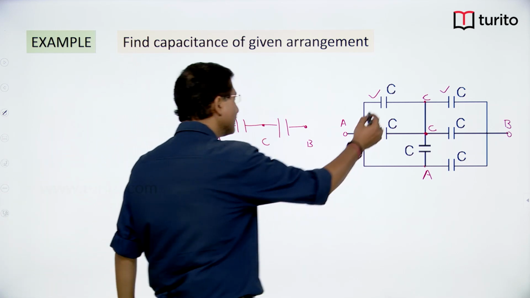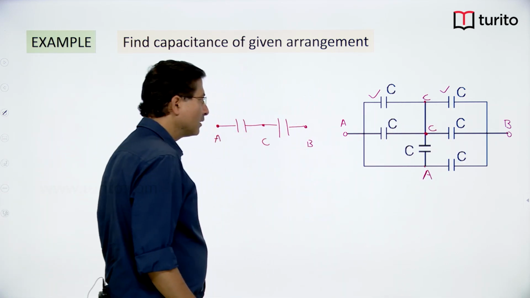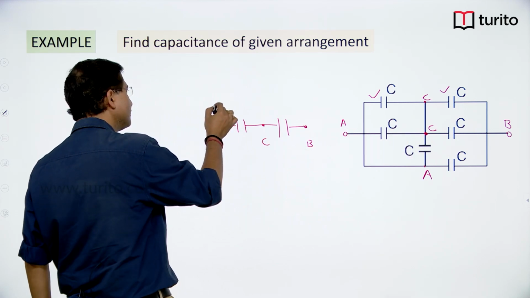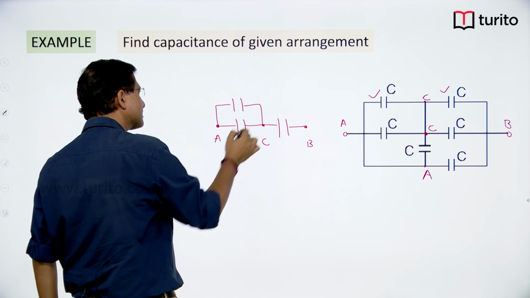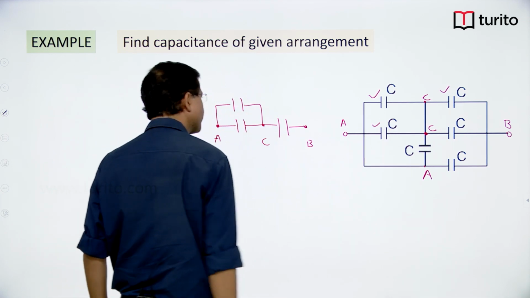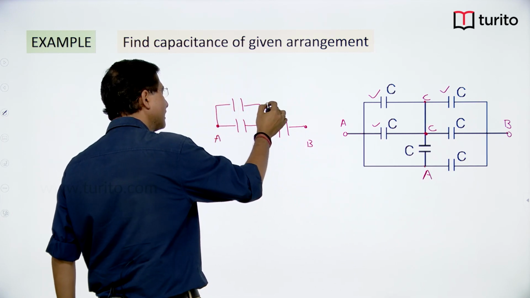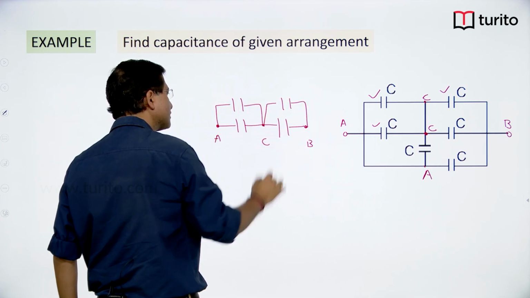So these two are over, now these two. Again between A and C I can see this capacitor, and between C and B I can see this capacitor, so this one is over.